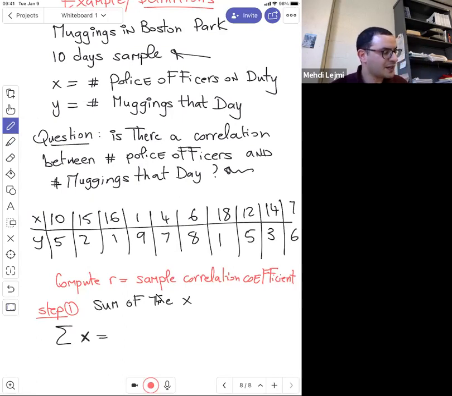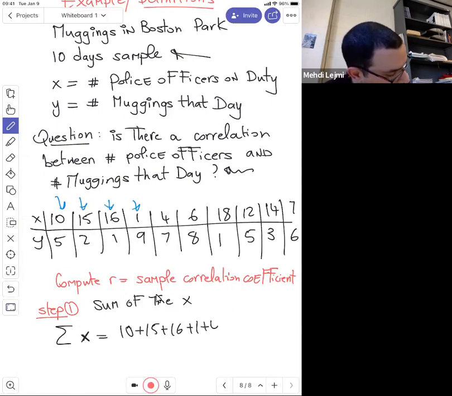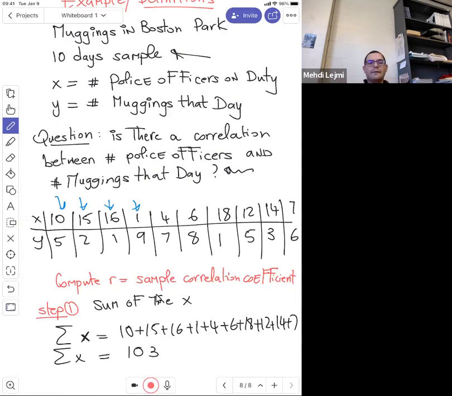Like the first x value is 10, plus the second x value is 15, plus 16, plus 1, plus 1, plus 4, plus 6, 17, plus 12, plus 14, and then plus 7. Okay. So that's the sum of the x's. In this case, the sum would be 103. Okay, that's supposed to be your first step.